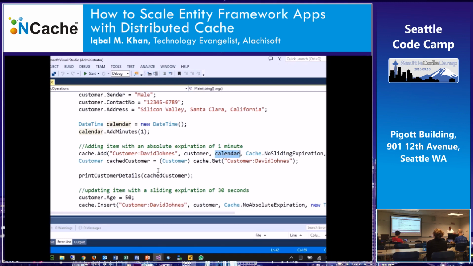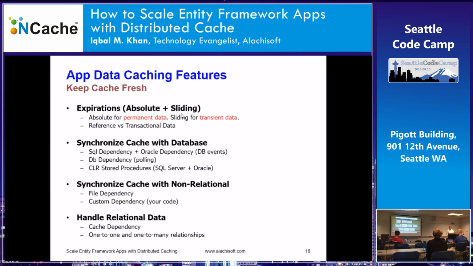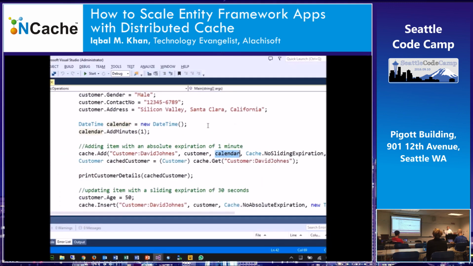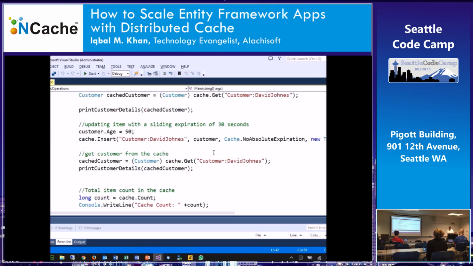So absolute expiration does that. Sliding expiration, on the other hand, is what you would do with transient data. So sessions, view state, other data that does not exist in the database. Because it doesn't exist in the database, there's no need to synchronize anything, right? But you do want it to go away when you're done using it. So it's a cleanup job, essentially, because you don't want to burden the application with cleaning the data. So that's where you would use a time span.